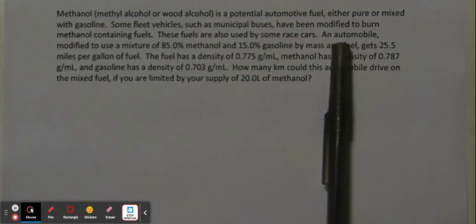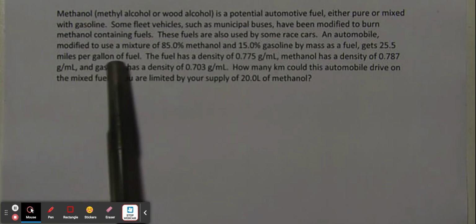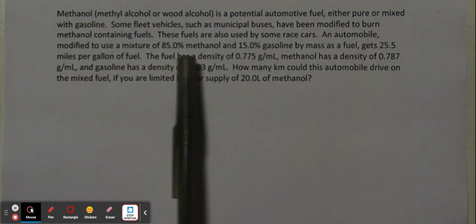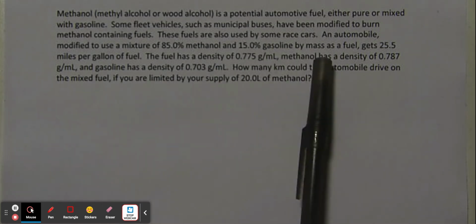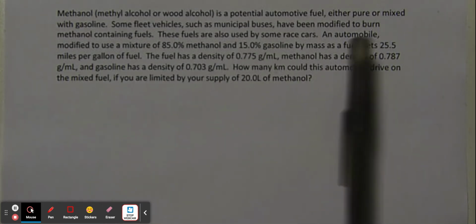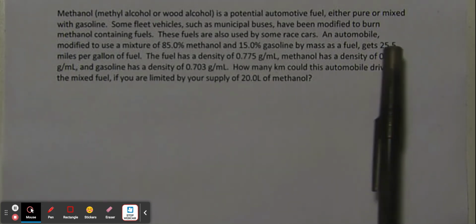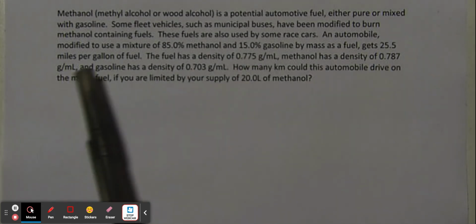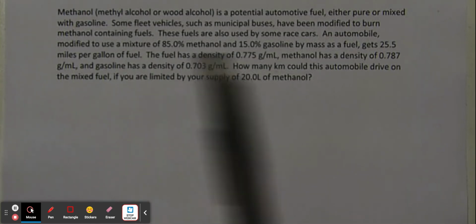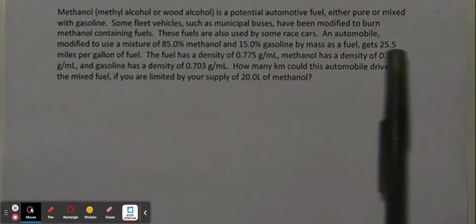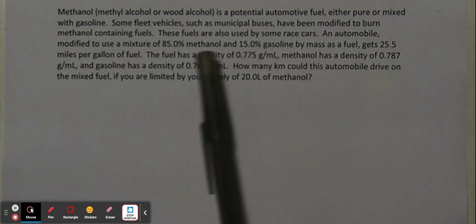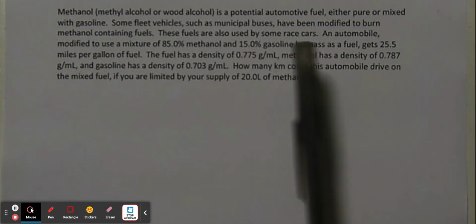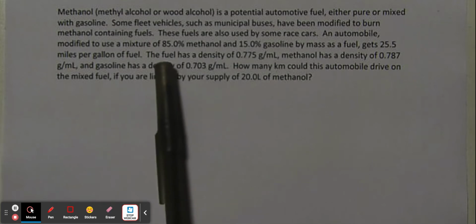It says an automobile modified to use a mixture of 85.0% methanol and 15.0% gasoline by mass as a fuel gets about 25.5 miles per gallon of fuel. So this is how far the car goes per gallon. And then it gives you some densities.